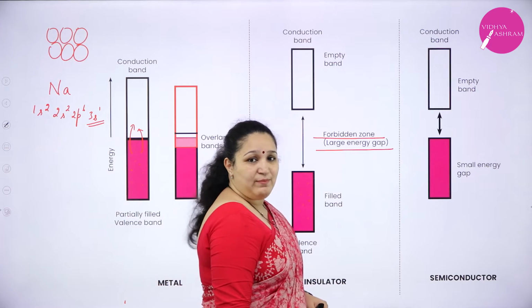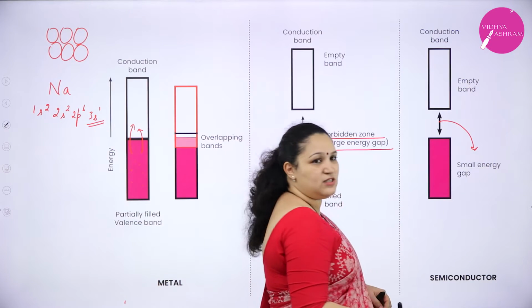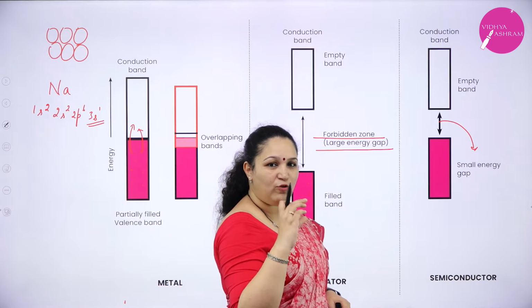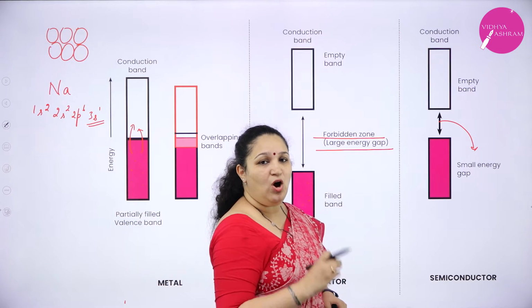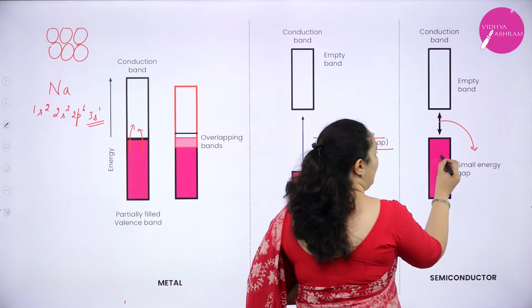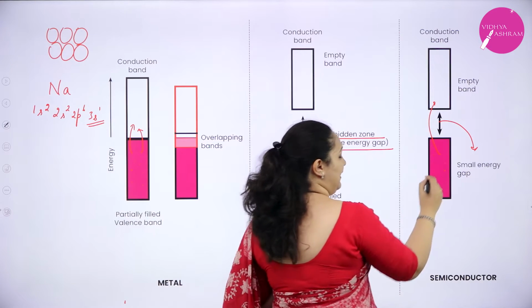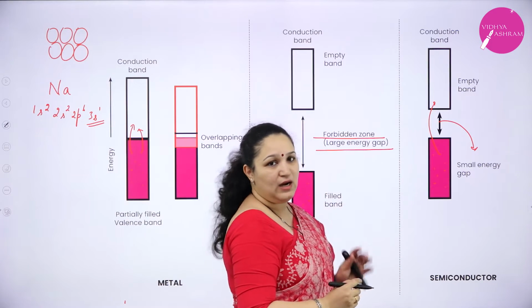Whereas in semiconductors, there is a small energy gap, a narrow forbidden gap. At normal room temperature, the electrons can easily jump from the valence band to the conduction band.